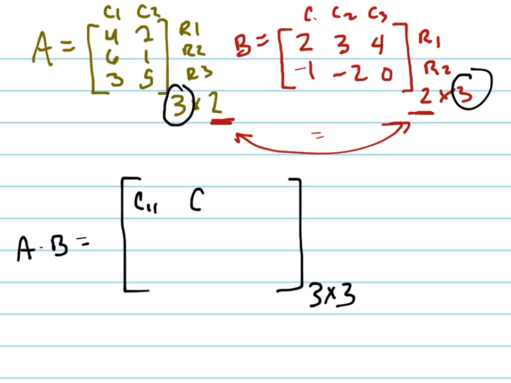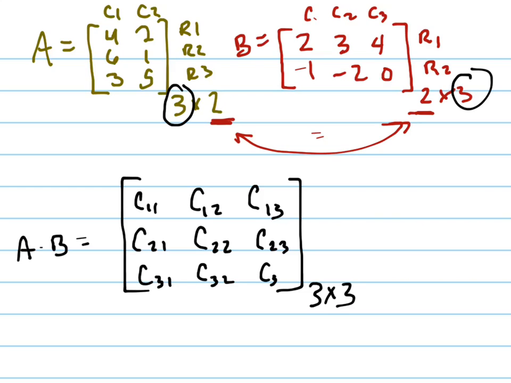This is C, row 1, column 2, and this is C, row 1, column 3. This is C, row 2, column 1, row 2, column 2, row 2, column 3, and this is row 3, column 1, row 3, column 2, and row 3, column 3.